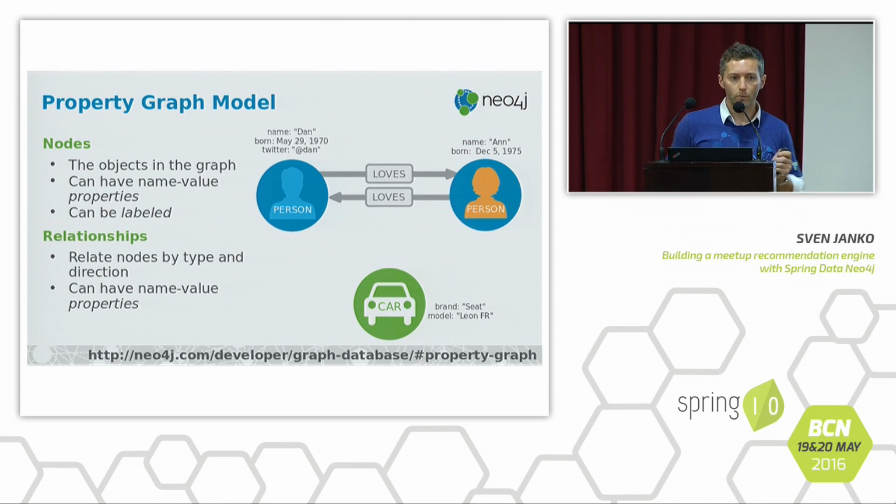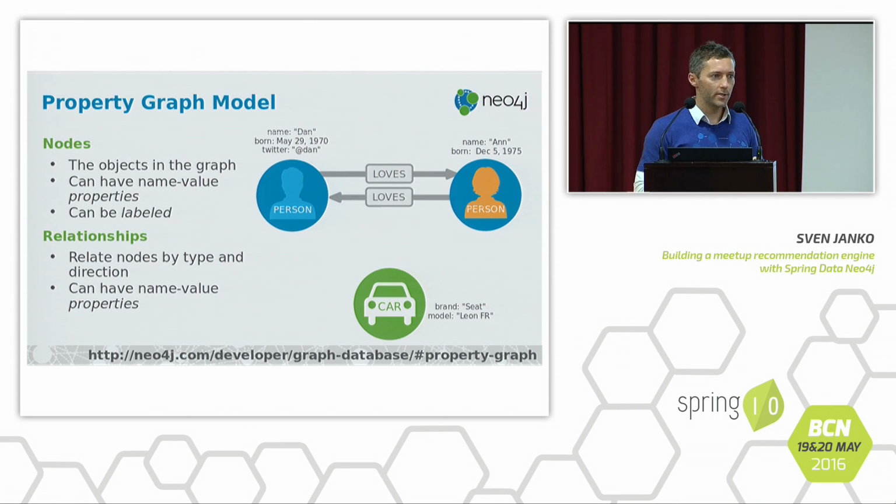The nodes we are seeing here have names on them. That's person and car in that case. Those names we call labels in our property graph model, and they can be used to group a certain set of nodes together for querying them and for actually reducing the size of your search area.